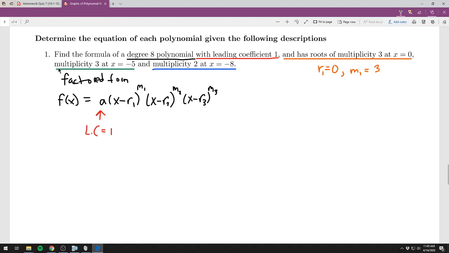Right. The second one, we have multiplicity 3 at x equals -5. We got m2 equals 3, and the second root is -5. So r2 equals -5. And the last one, we have multiplicity 2, m3 equals 2, and the root, the zero, r3 equals -8.